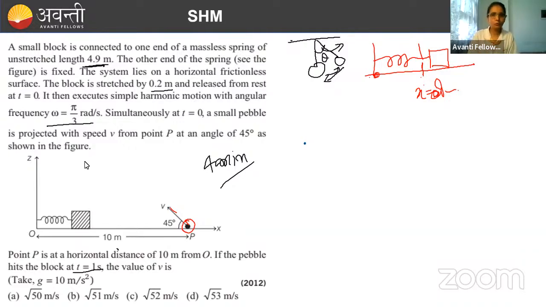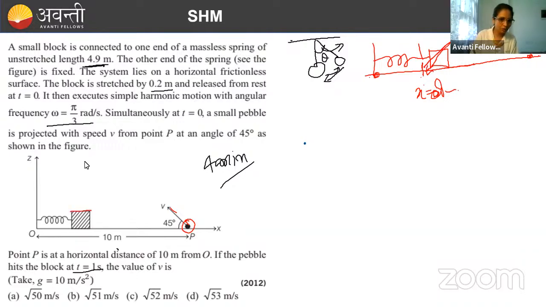And if at t equal to 1 second this stone is hitting the block, how is it possible? This stone is in projectile motion, something like this. Done.